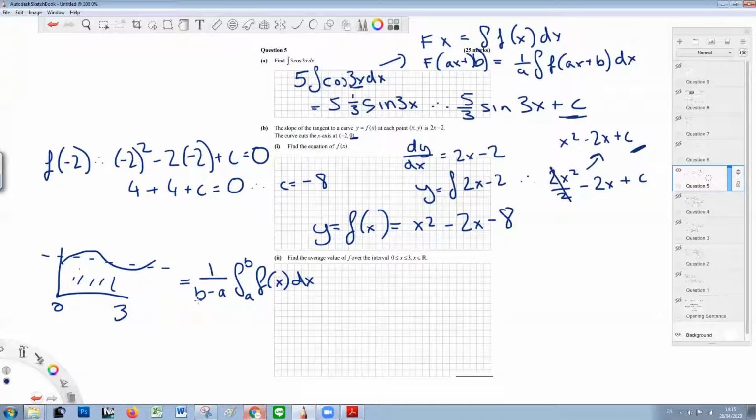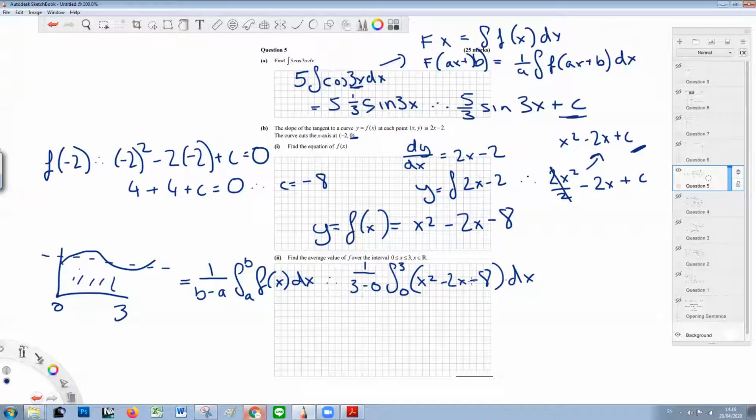You know b is equal to 3, you know a is equal to 0, so working that back, it's going to be 1 over 3 minus 0, the integral from 0 to 3, of x squared minus 2x minus 8 dx, because you just sub back in your value.